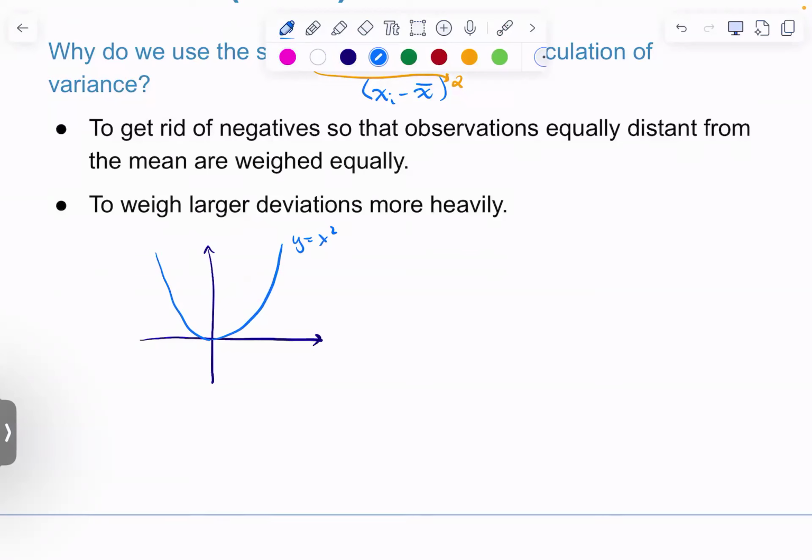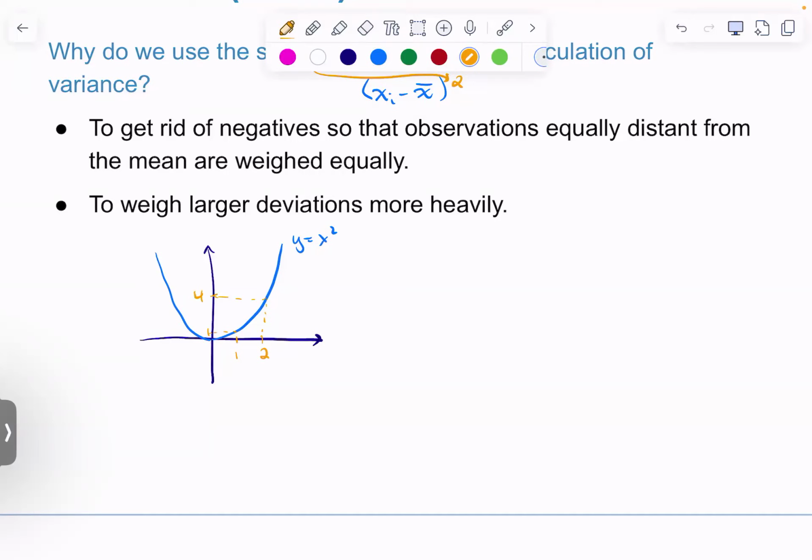If I plug in x equals 1, 1 squared makes 1. But if I move over 1 unit to x equals 2, all of a sudden 2 squared is 4.